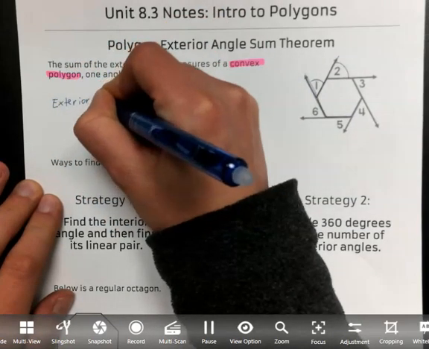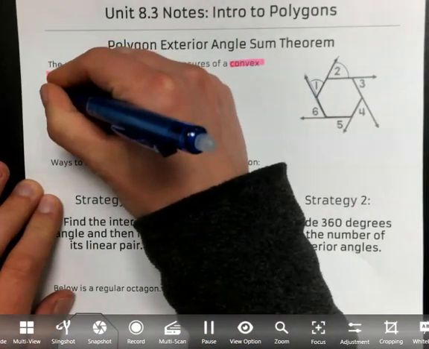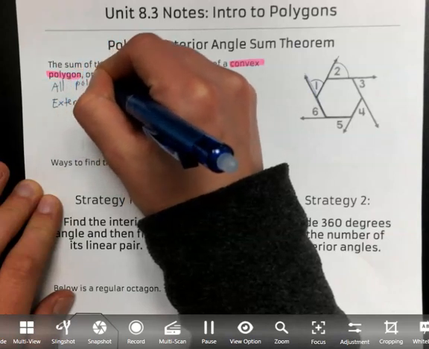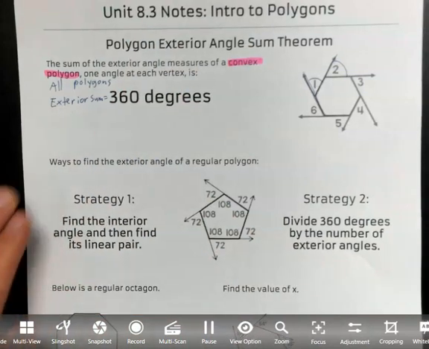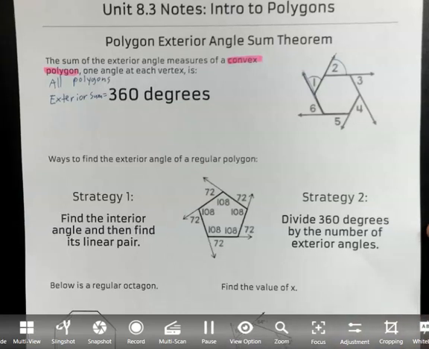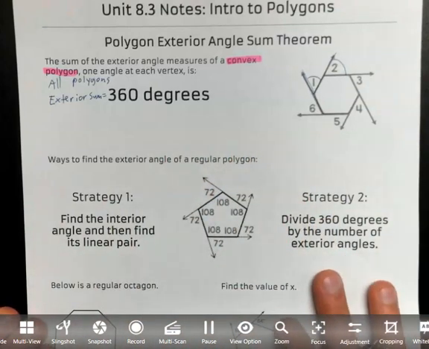So exterior sum equals 360 degrees, all polygons. It does not matter if it's a triangle, a rectangle, a hexagon, the exterior ones are going to add up to 360.